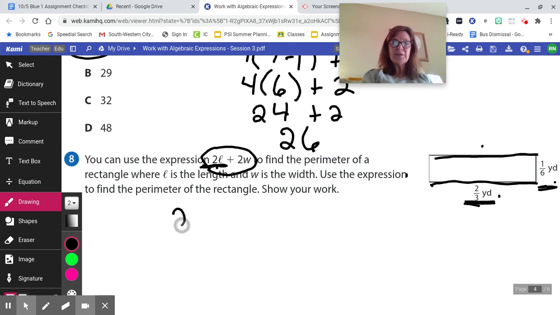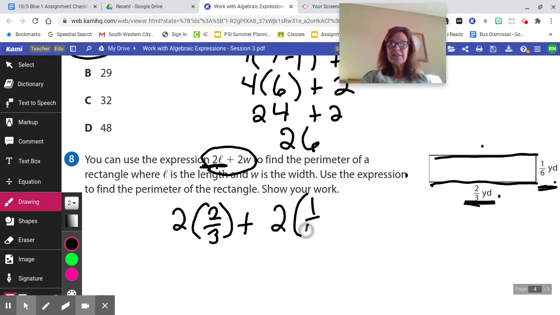So I'm going to substitute 2 times 2/3 plus 2 times 1/6. And of course, they throw in fractions here to make it a little more complicated. Remember, when we multiply fractions, this is the same as 2 over 1. So that would be 4/3 plus 2/6.